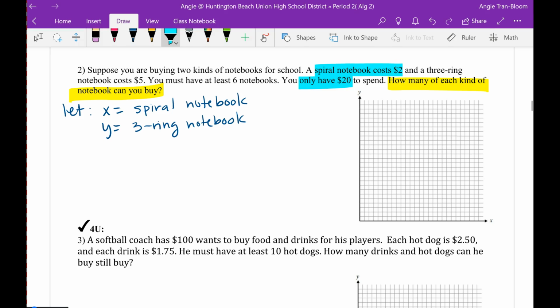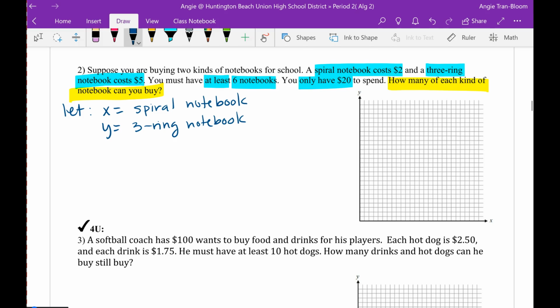Spiral notebook costs $2. 3-ring notebooks, $5. Oh yeah, keyword, at least 6 notebooks, totally. Okay. All right, let's write our equations then.